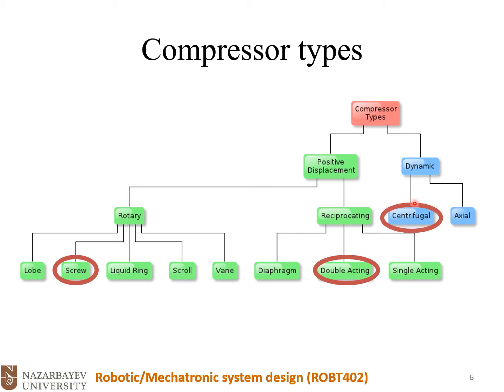The rest of them you could simply search on the web, Google it, or refer to the reference books for further study. The dynamic branch includes centrifugal and axial compressors. As I said, we will explain the screw, double acting, and centrifugal compressors in coming slides.